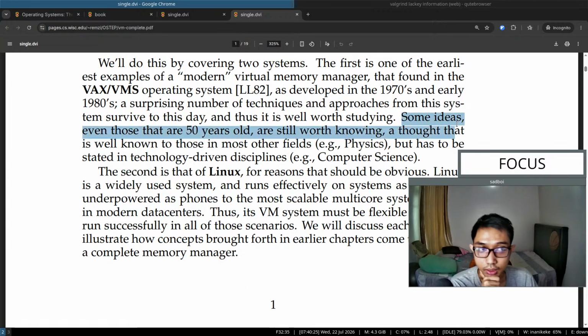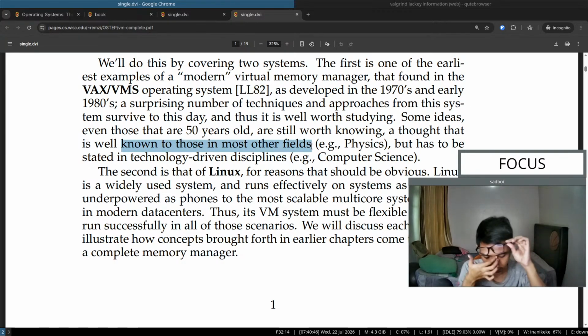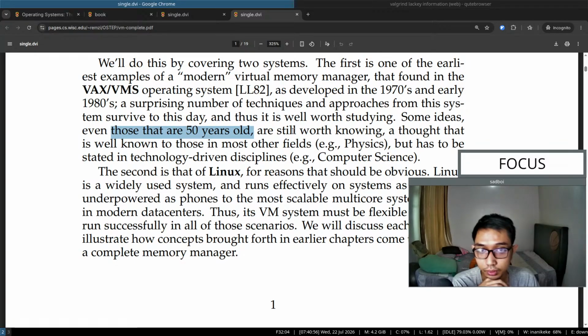Some ideas, even those that are 50 years old, are still worth knowing.